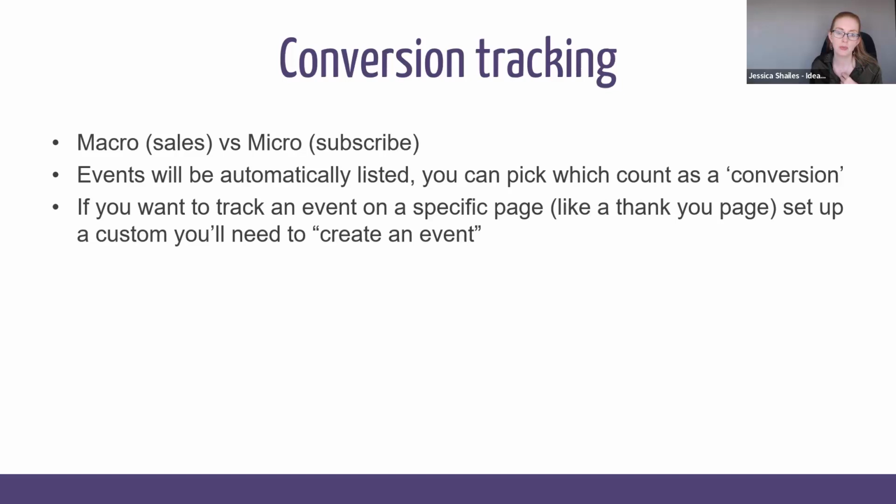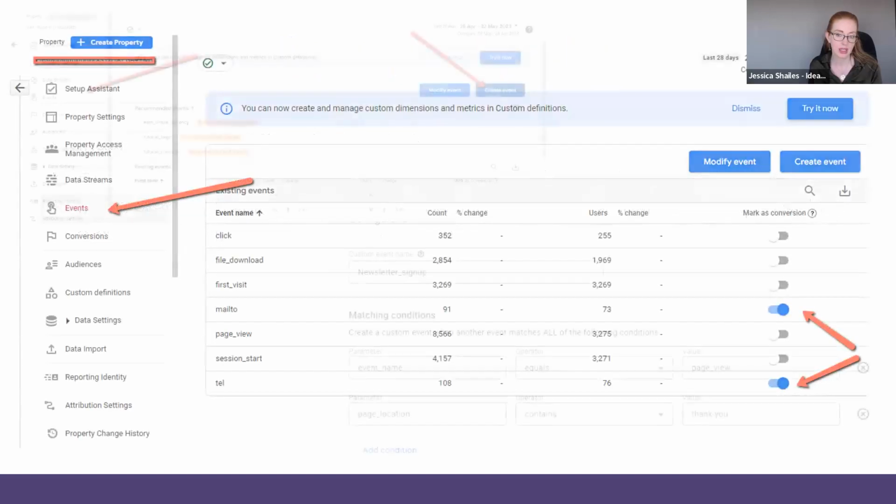However, you just need to think about whether you're going to treat everything the same, because not all conversions are the same. If somebody clicking on a particular email, or somebody visiting a particular page is a mark of success for you, then you're probably going to have to create an event, and that is where you customize what's there already.